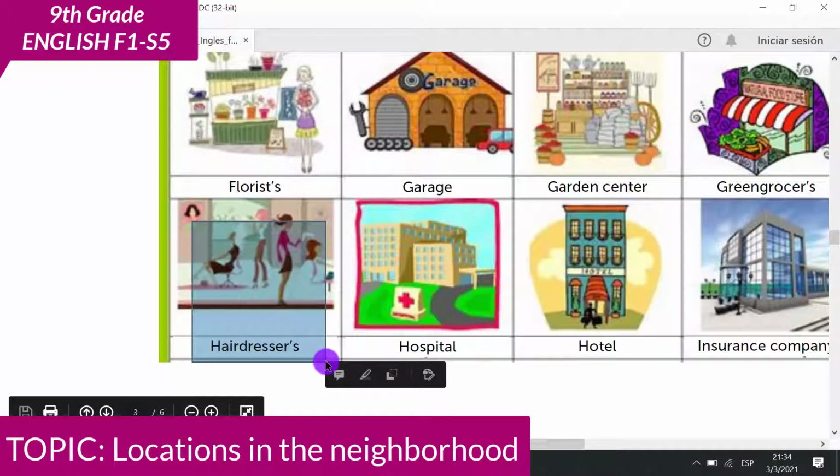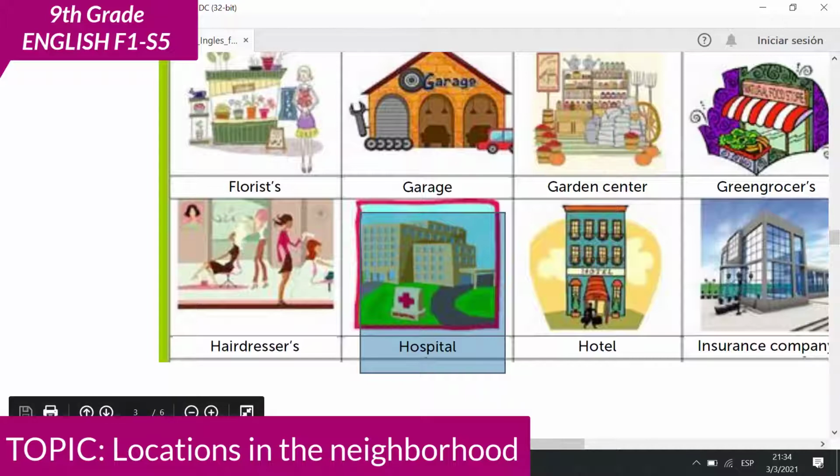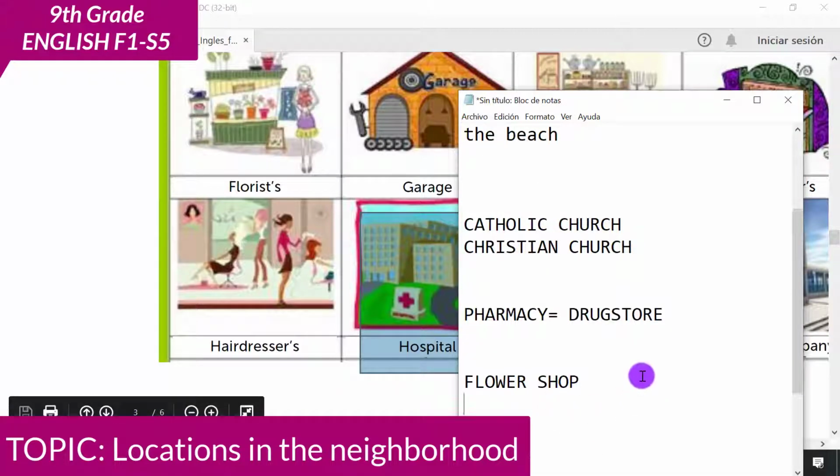Hairdressers, salón de belleza. Hospital. Okay, you can also say clinic. También está esa palabra, clinic, para las clínicas.